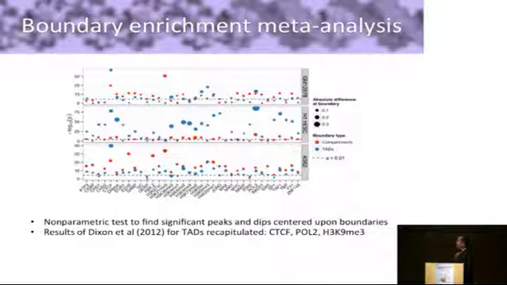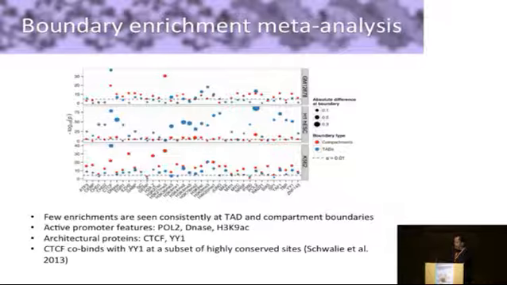And we find the previous enrichments and depletions that were reported, but these data allow us also to do a meta-analysis and look across the 3 cell types and across TAD domain boundaries and compartment domain boundaries and ask what's significant across everything.